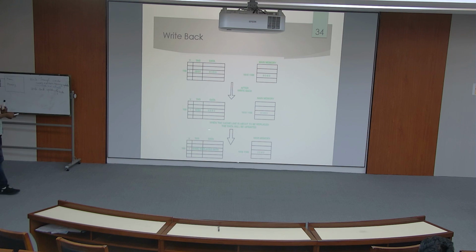But when the cache line is about to be replaced, that is the time the data will be updated into the main memory. So the main memory is now updated because this cache line is about to be replaced. So this is how the write back works.